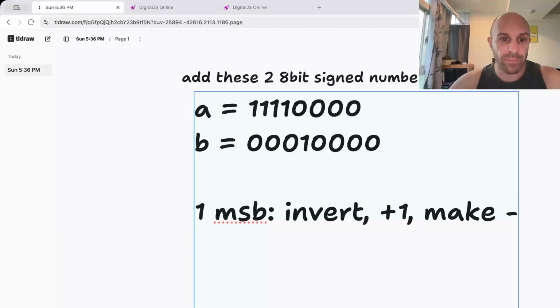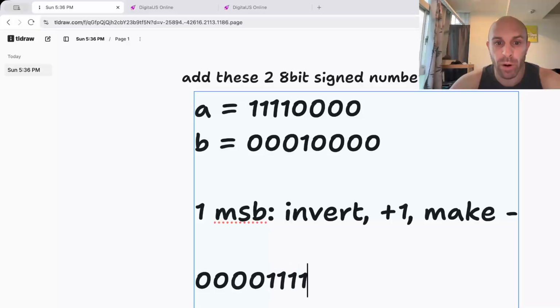So let's do that. That's 4 zeros, and then 1, 1, 1, 1, which is 16 in decimal.